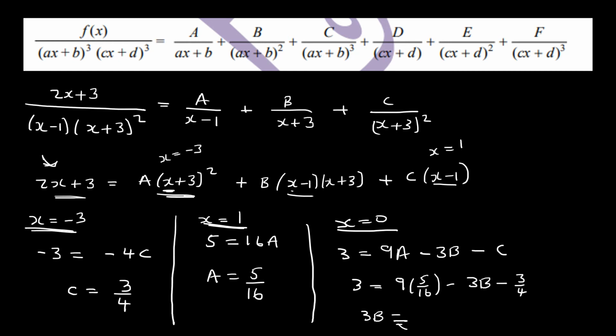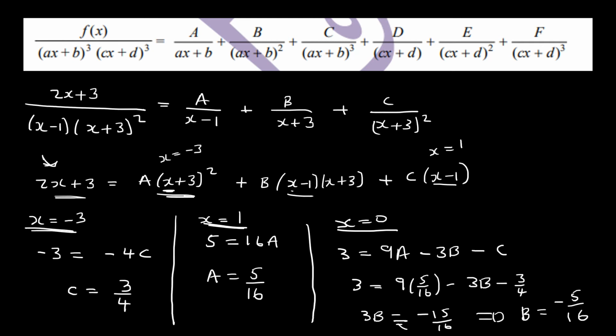So I'll have positive 9 times 5 over 16 minus 3 over 4. Then that 3 on the other side will be negative. So I'll have minus 15 over 16. Then how do we get B? We divide by 3. So if I divide by 3, I'll have minus 5 over 16.